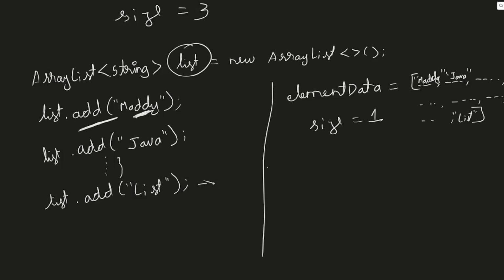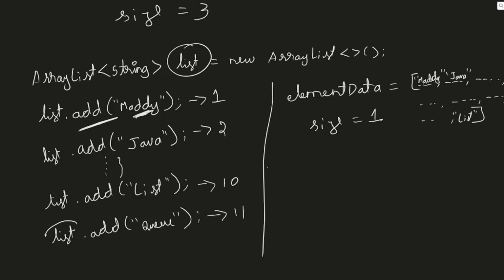This is our 10th element. This is our second element and the first element. Now, whenever you try to insert the 11th element, let me just give it as Q.